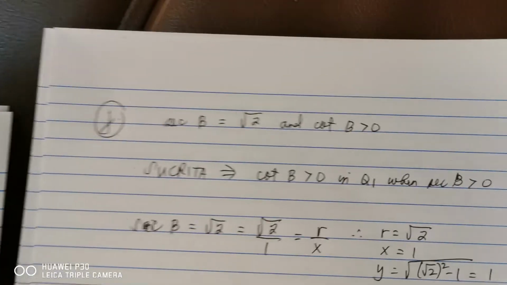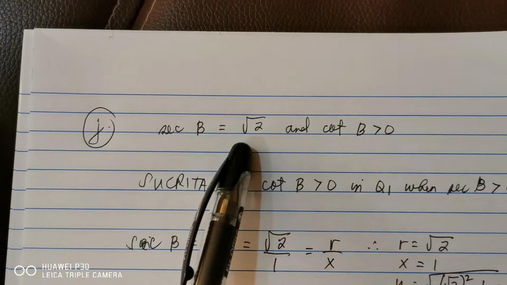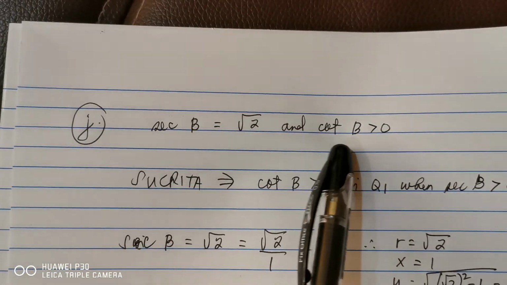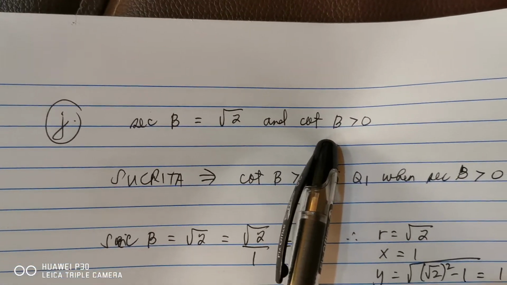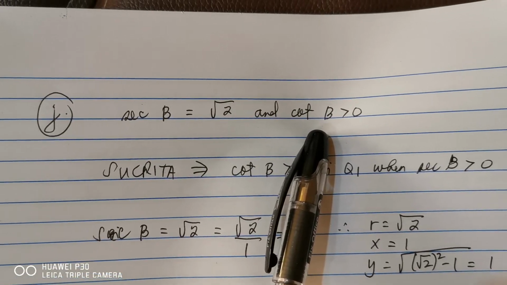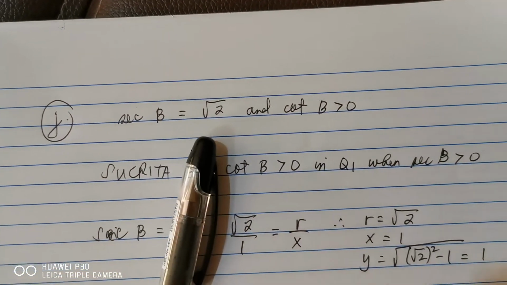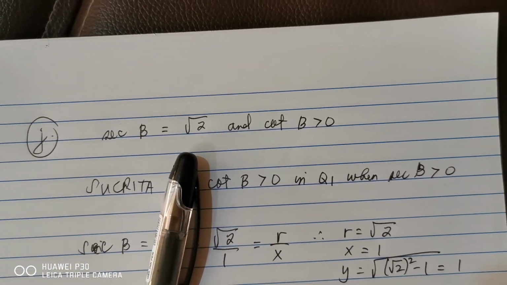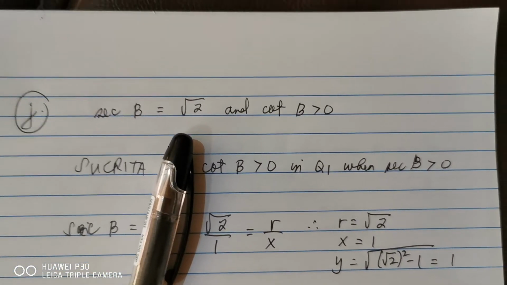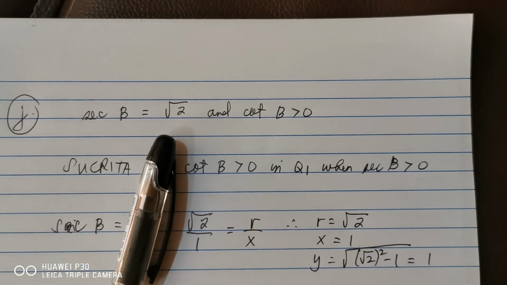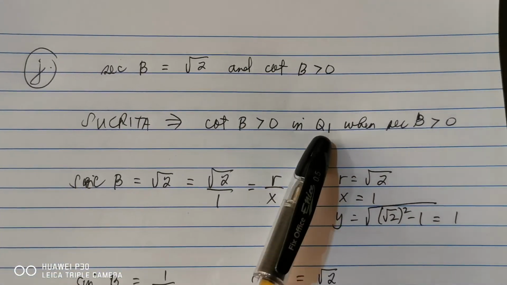J. You were given that secant B is equal to square root of 2 and cotangent B is positive. Again, by sukrita, cotangent and tangent is positive in quadrants 1 and 3. So that secant theta also is positive in quadrants 1 and 4. So their intersection or the common quadrant is 1.